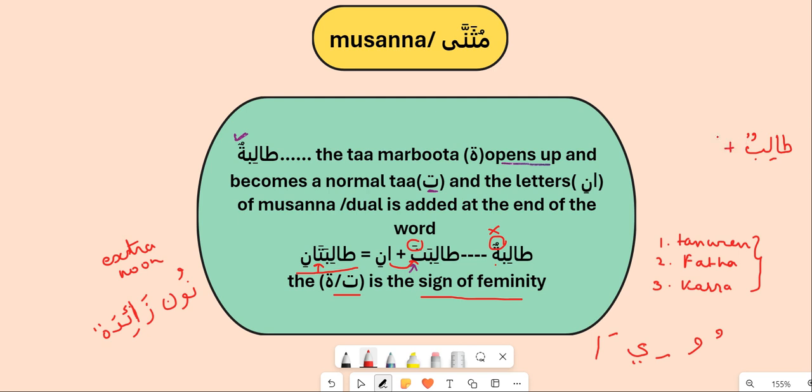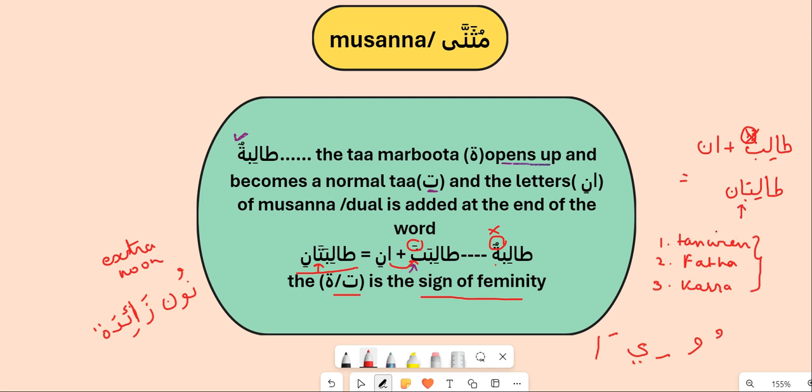So if you want to add alif and noon simply, what will you do? It will be talibani, ba, alif and noon. As soon as the alif came, what happened to the tanween? It was removed and ba with fatha came into existence because of the long vowel.